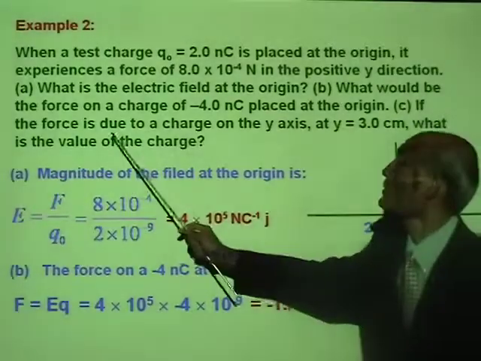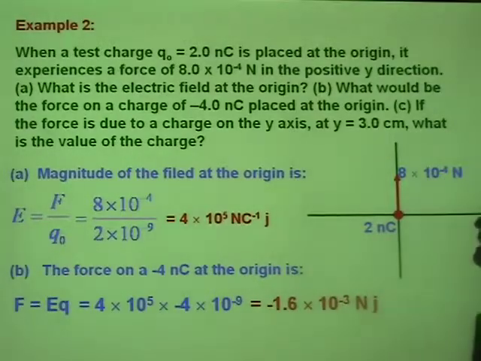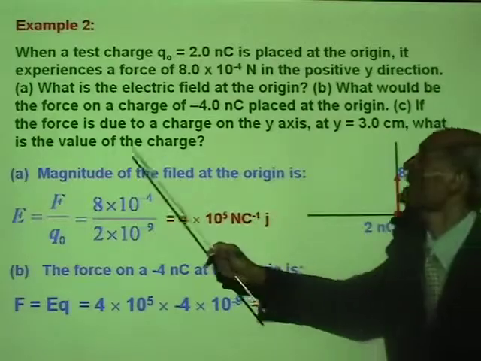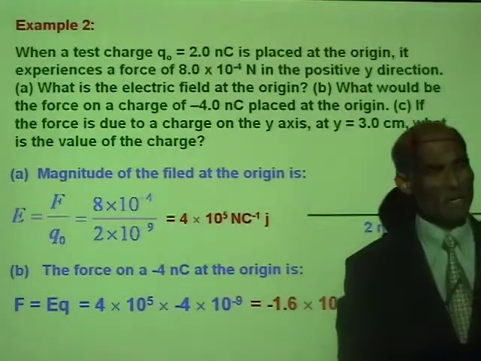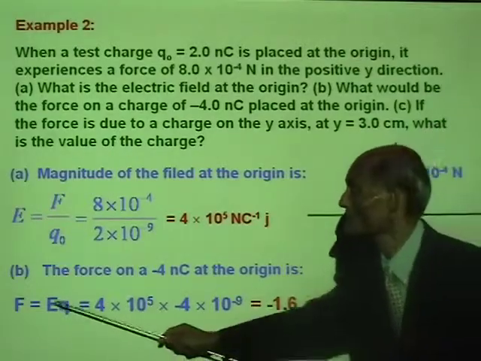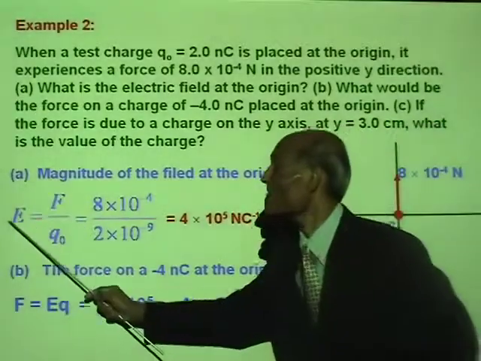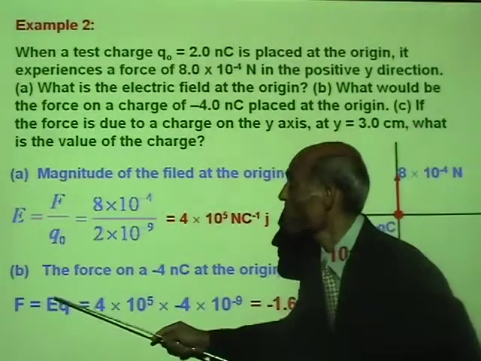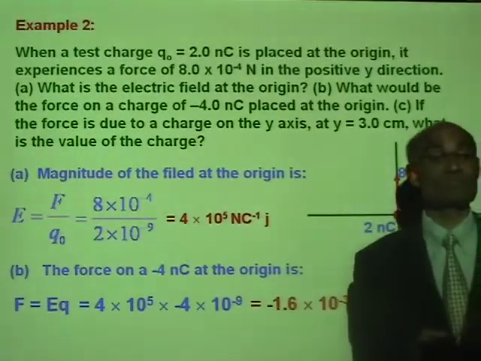If this force is due to a charge on the y-axis at y equal to 3 meter, what is the value of the charge? Now, did you understand that? It is the same as saying that this electric field, now remember, the force is produced by that electric field, 4 times 10 to the 5 Newton per coulomb.